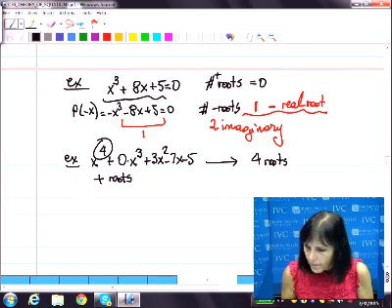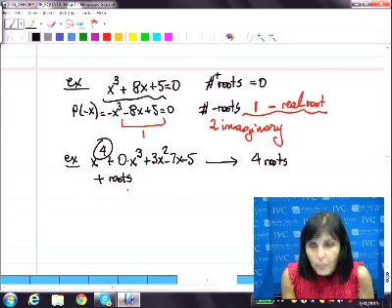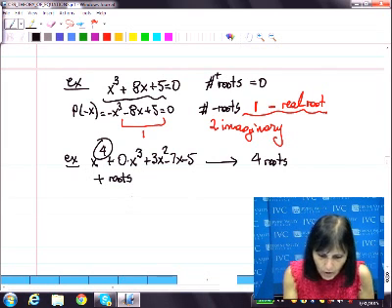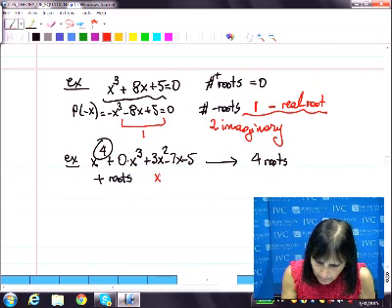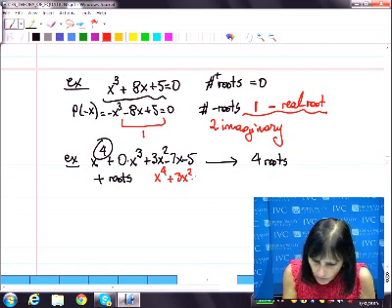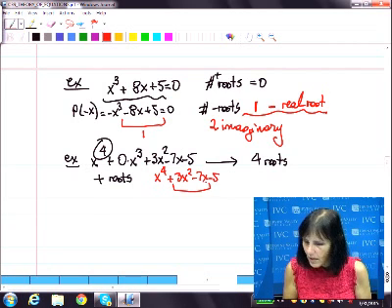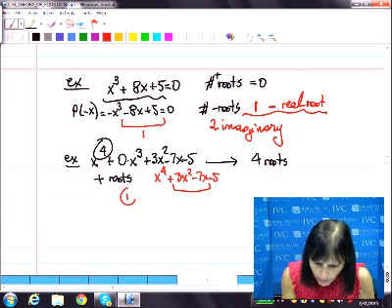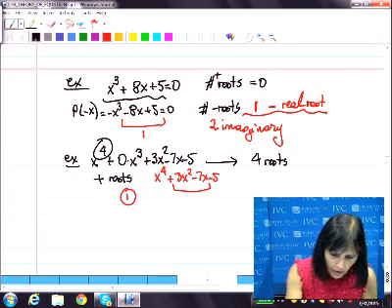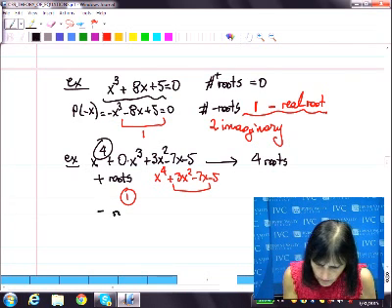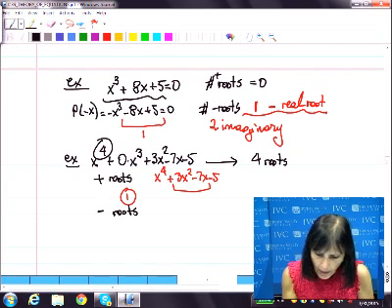Okay, so let's look at the number of positive roots. I just simply look at this thing, P of x. How many times does this one change its sign? It changes sign right here, right? So positive roots is going to be 1. Okay, well, let's look at the negative roots.